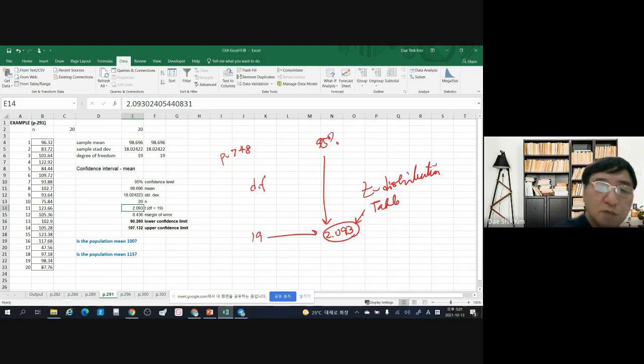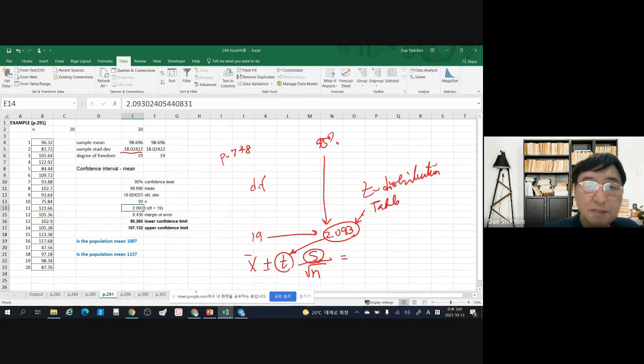Then you can calculate with the formula: x bar plus or minus t, where t is this one, multiplied by s over square root of n. S is here, root n is root 20.